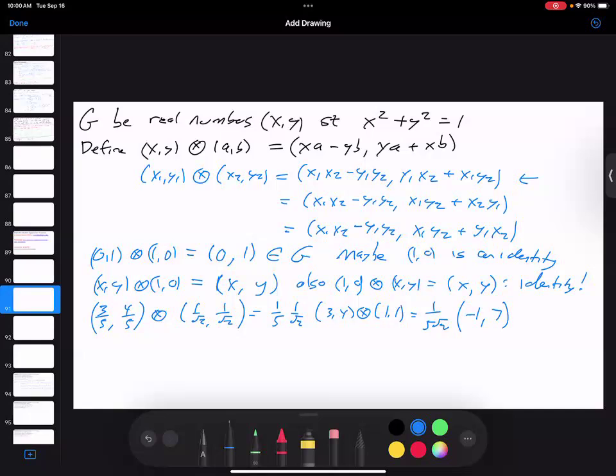Okay. So this is the same as (-1 over 5 square roots of 2, 7 over 5 square roots of 2). Is that going to satisfy the sum of its squares equals 1?